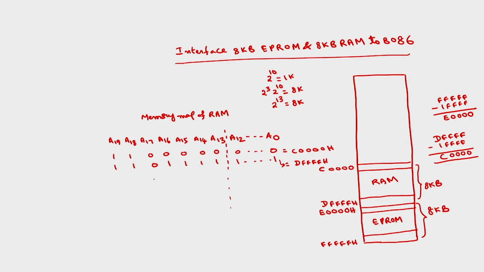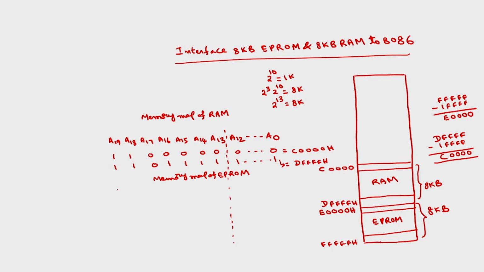Similarly, what is the memory map of EPROM? The starting address is E0000H.